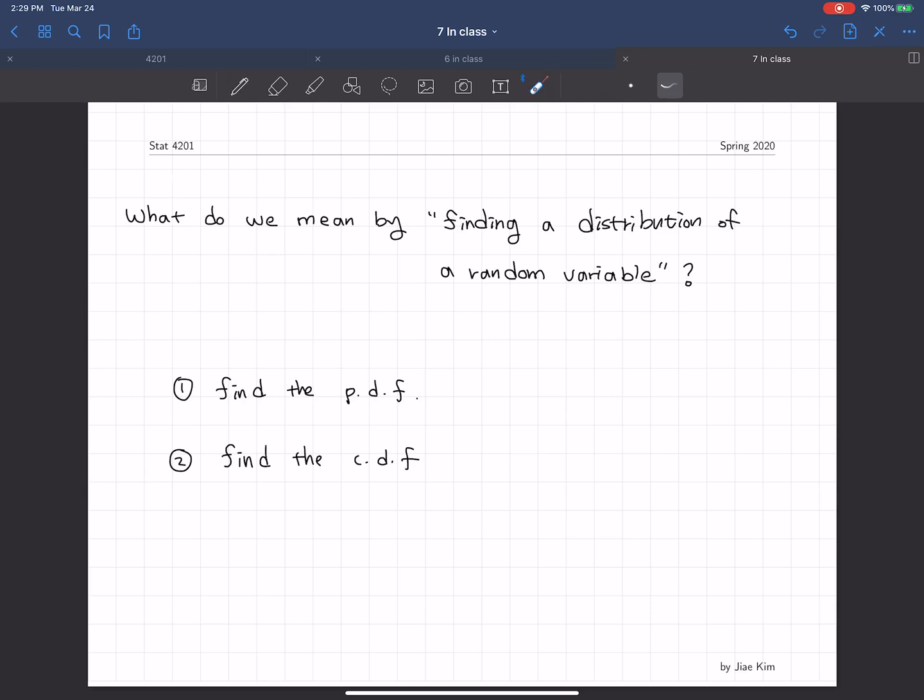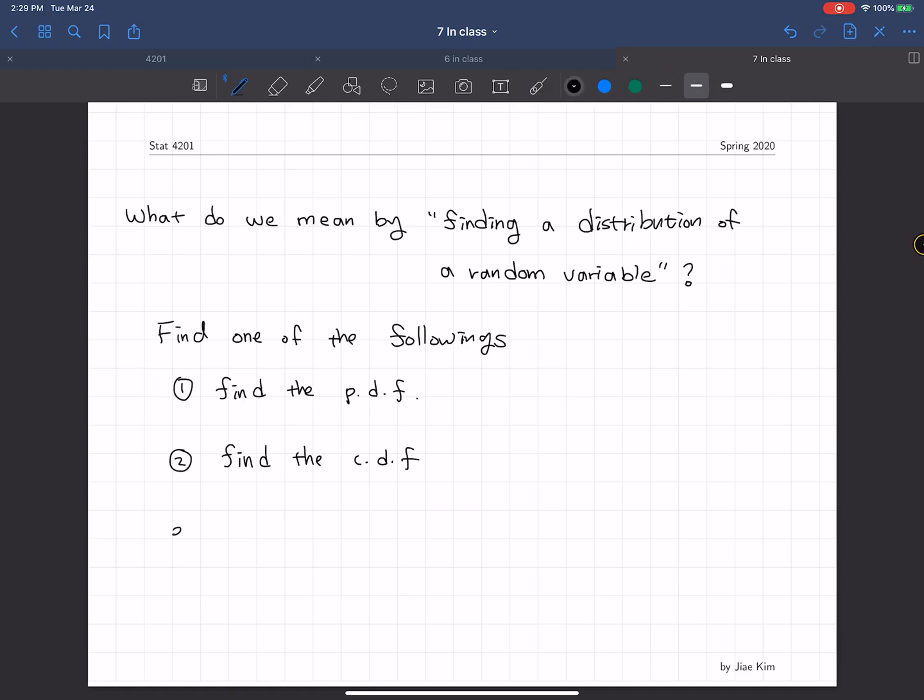If you have the CDF, you can recover the PDF, and vice versa. So if you can find one of these, that is what we mean by finding the distribution of a random variable.